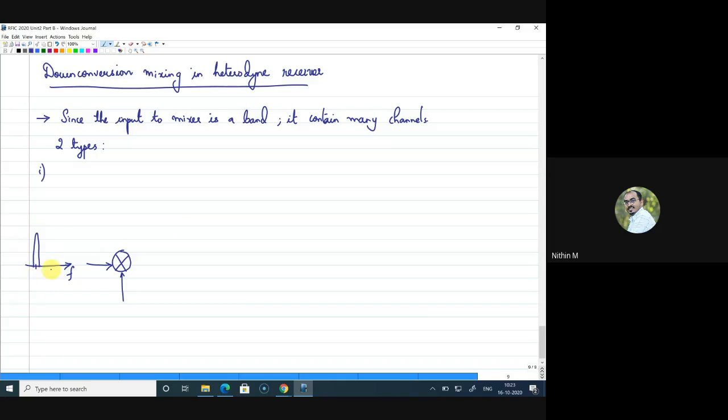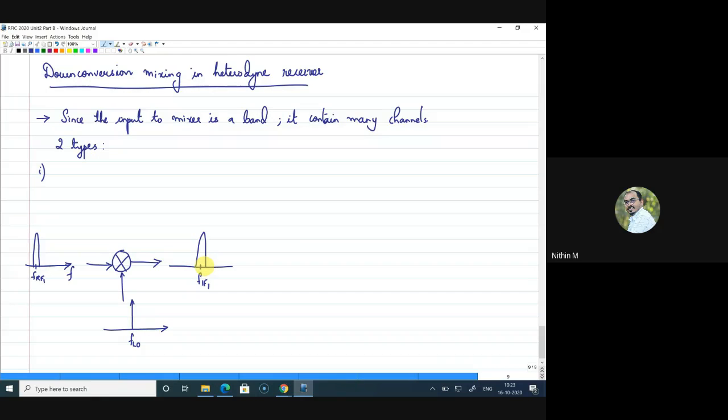A band is there, but in that band, say FRF1 is the frequency there, and that will be mixed using FLO, and the output will definitely be some intermediate frequency, so it will be at FIF1. So this is the frequency, right?